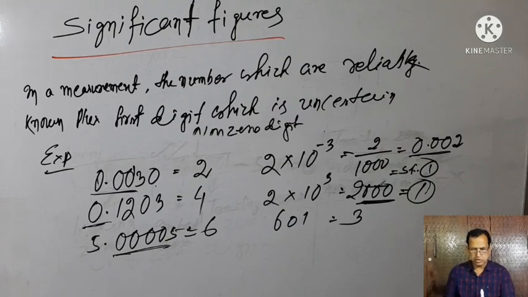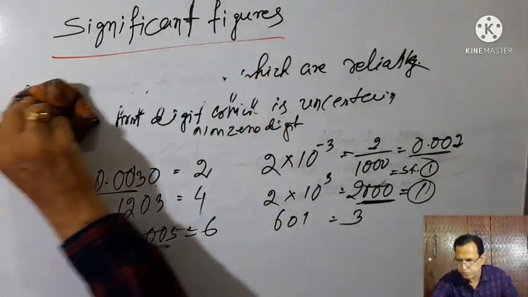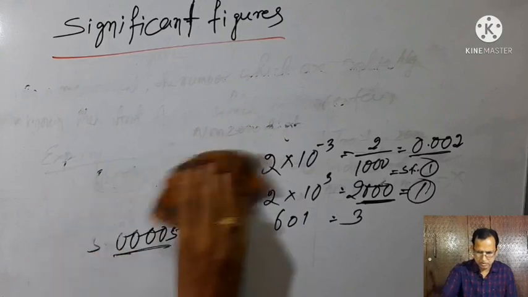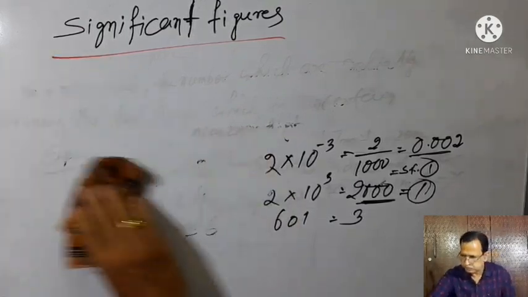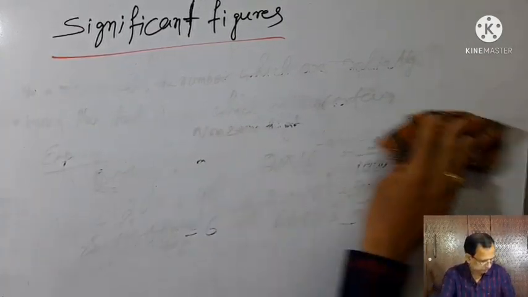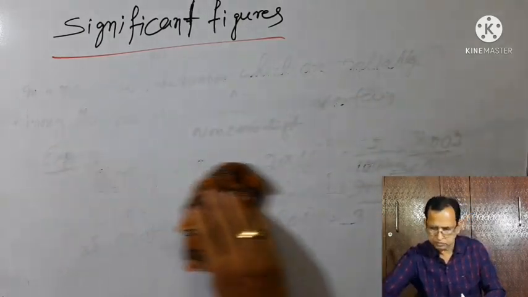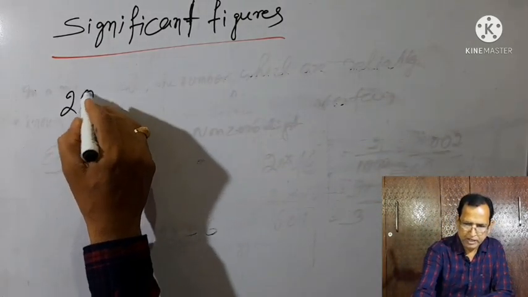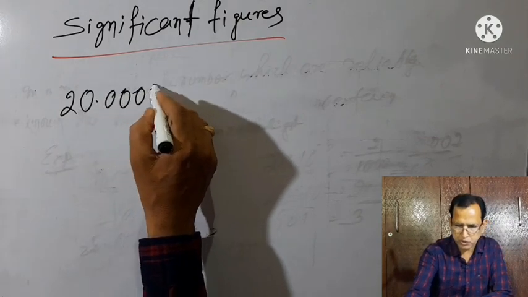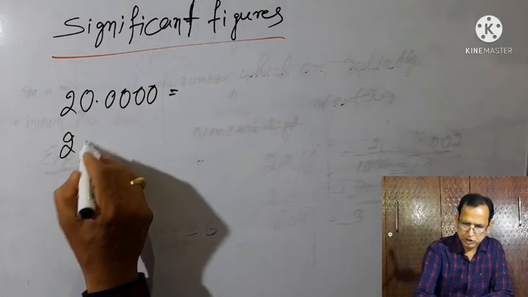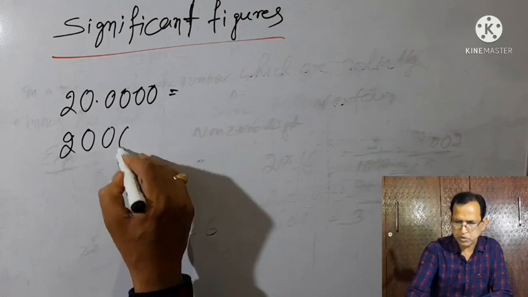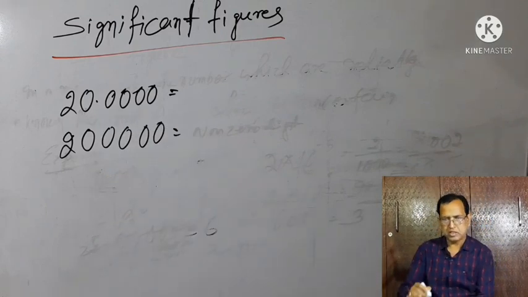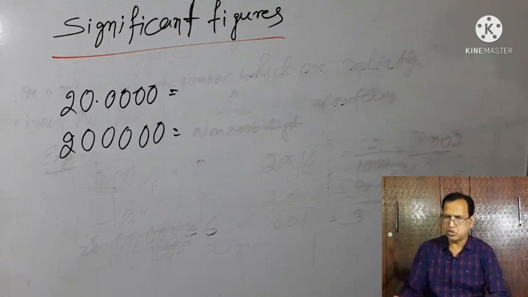Another examples are also there. 20.0000 and 20000. In first case, 20.0000.